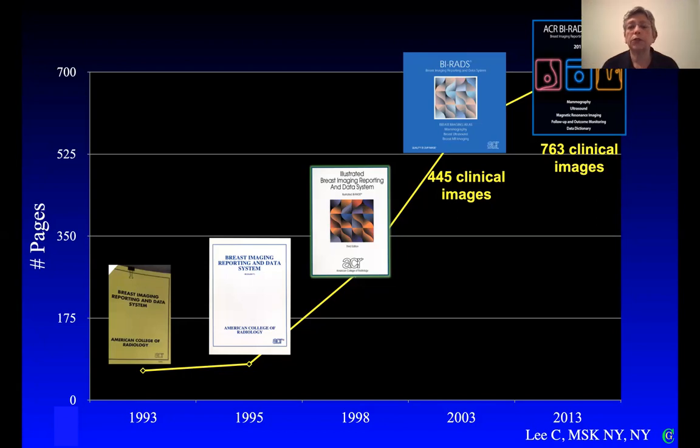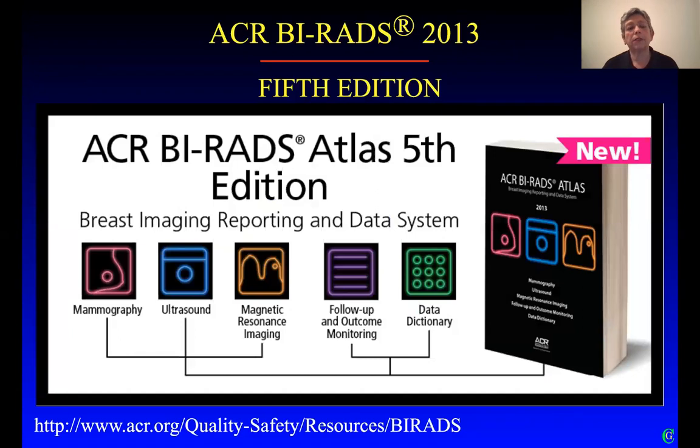This edition includes 763 clinical images. Not only does it have a section on mammography, it has a section on breast ultrasound, breast magnetic resonance imaging, a data follow-up and outcome monitoring, and a data dictionary. And it is this atlas that forms the basis for my presentation this evening.